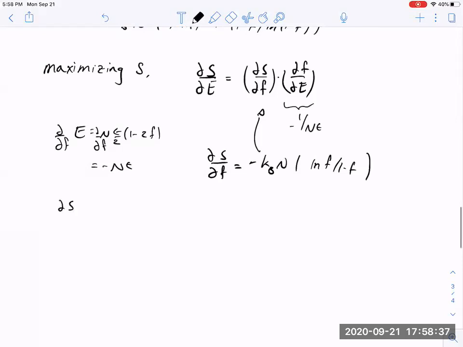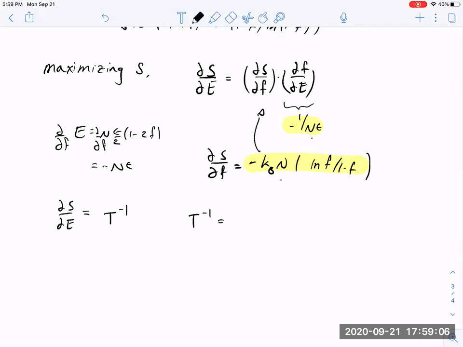So dS, maximizing the entropy with respect to the energy, and reminding ourselves that that is nothing but the definition of the inverse temperature. We find that the inverse temperature in the most likely arrangement of the system, that which maximizes the entropy, is satisfied by taking the product of these, this term and this term.